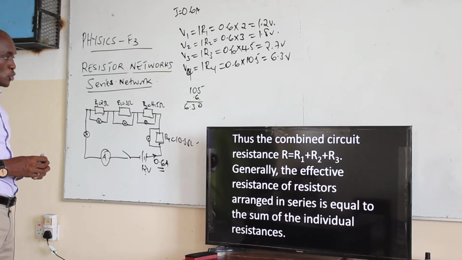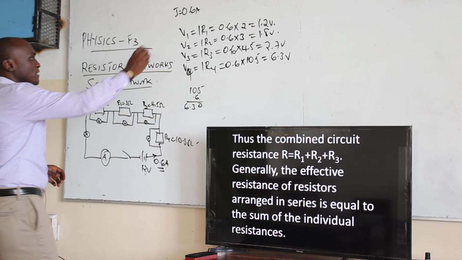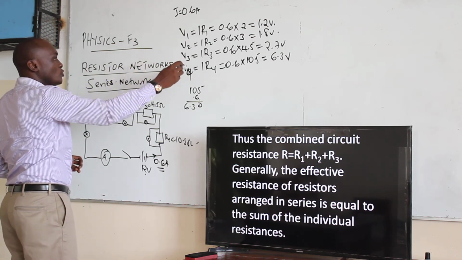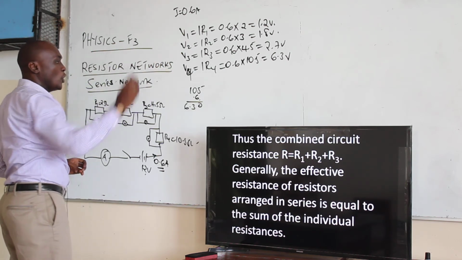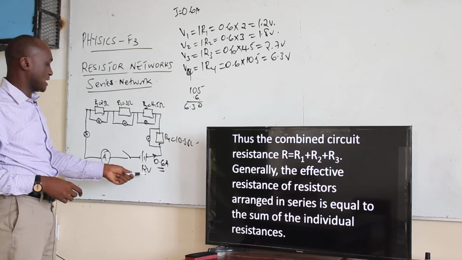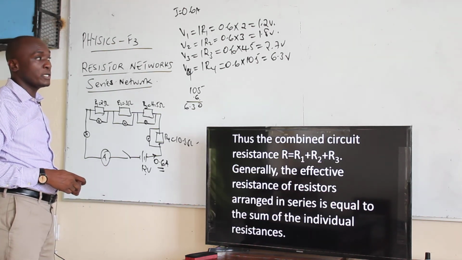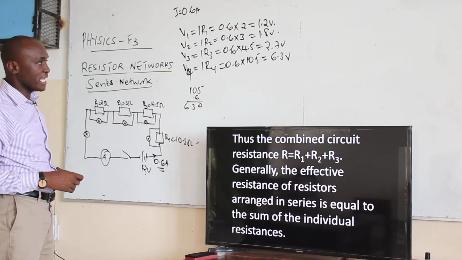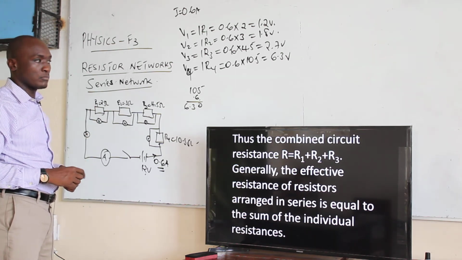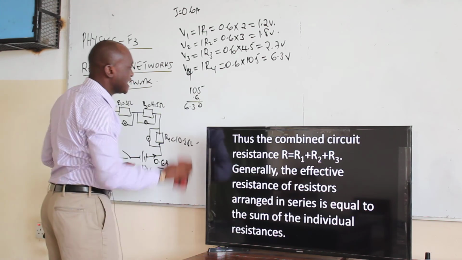Now once you have V1, V2, V3, it will be better for you to confirm that when you add V1, V2, V3 and V4, you get the total voltage, which is 12 volts. That must happen. Otherwise, it means that something is wrong somewhere along the calculation. So let's try.